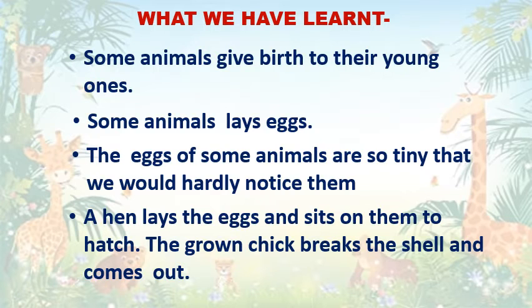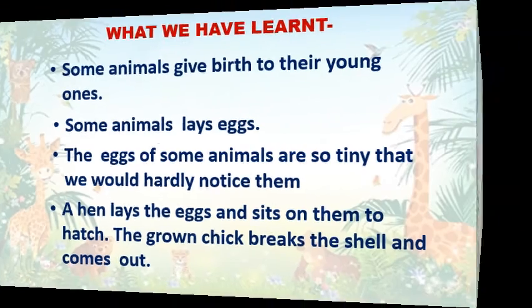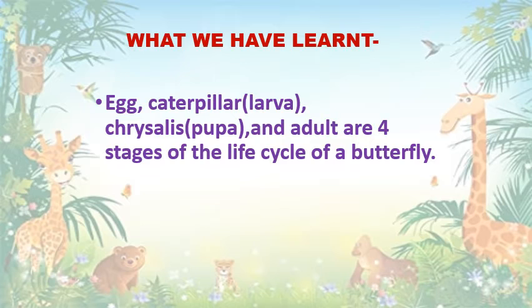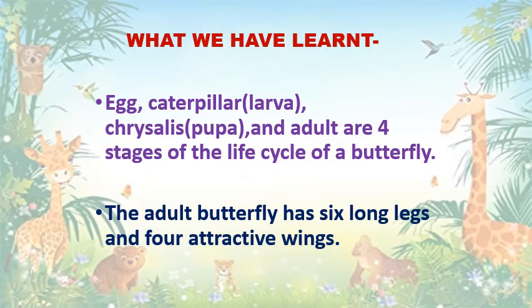The grown chicks breaks the shell. Egg, caterpillar, chrysalis and adult are 4 stages of the life cycle of a butterfly. The adult butterfly has 6 long legs and 4 attractive wings.